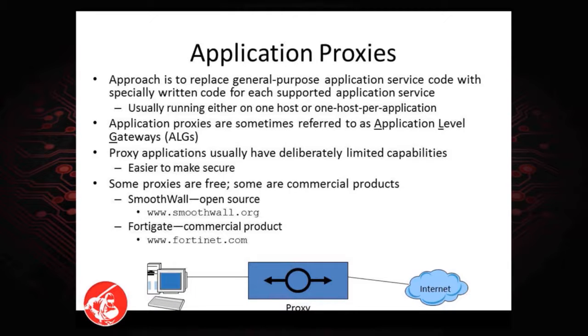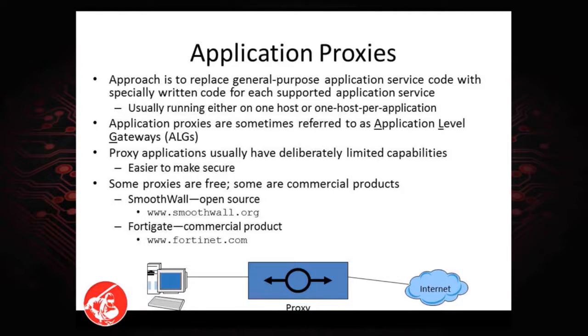Then we have what's called an application proxy. If any of you ever voted by proxy, it's the same concept. Rather than actually doing the application itself, a proxy, small purposefully written code running on the Bastion host or a firewall box, is going to act on behalf of the larger program. Sometimes referred to as an application level gateway.